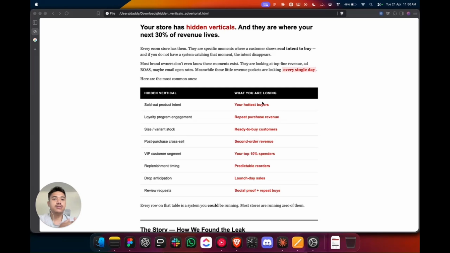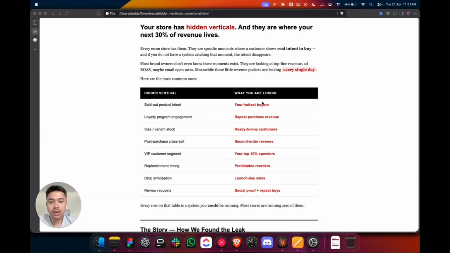And if there are no follow-ups to it, if there is no proper system backing up the intent shown by the customer, then you're probably losing that customer forever because they'll never be coming back if they're not notified when the product will be dropping again, when the sizes will be available again, right? So you have to make sure that there are systems in place and there are proper follow-ups in place, right?